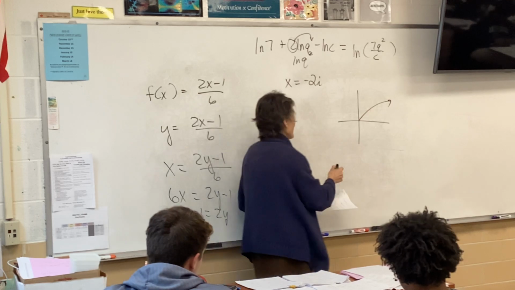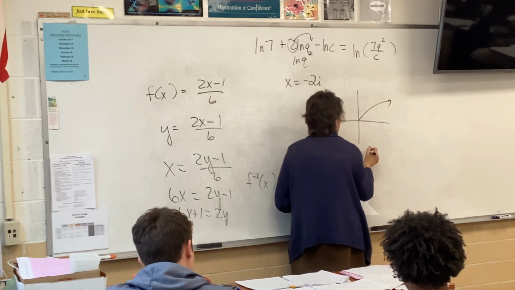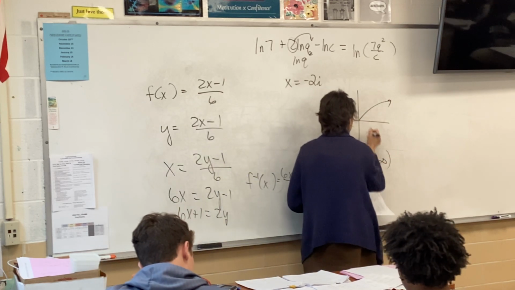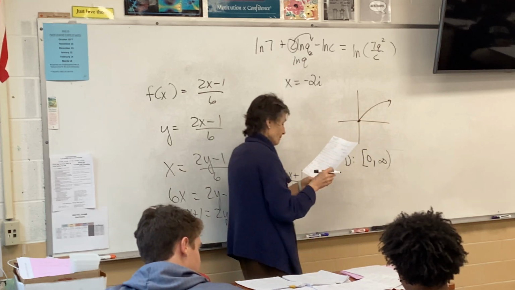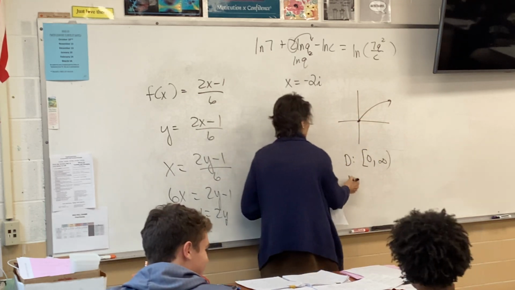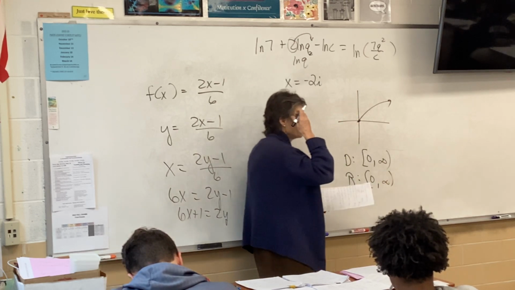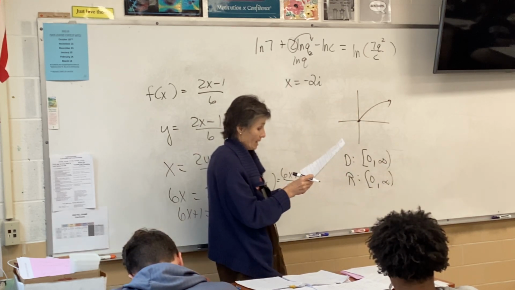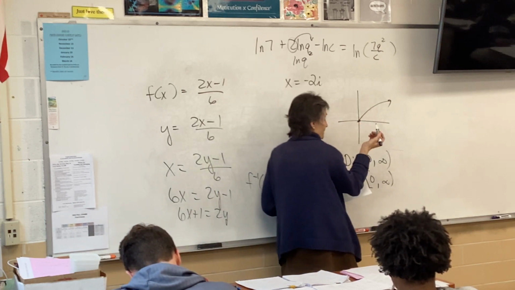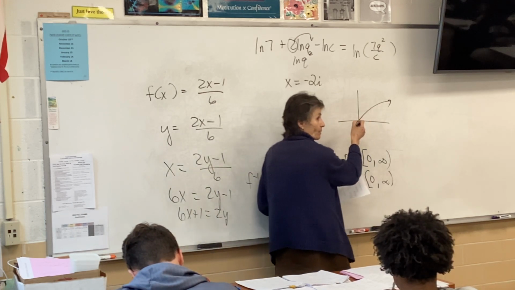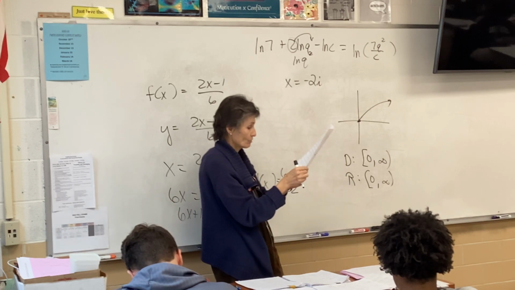Domain, what's the domain here, this guy? 0 to infinity, and 0 is included, there's a point there. Range, same thing, right? Isn't the range also 0 to infinity? Zeros, those are x-intercepts. 0, 0, there's 1 x-intercept.